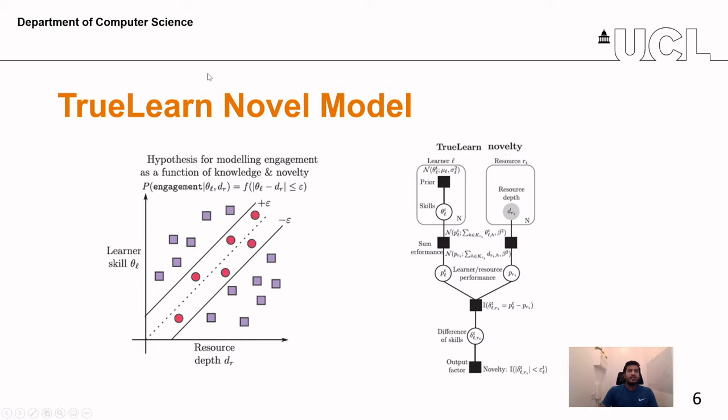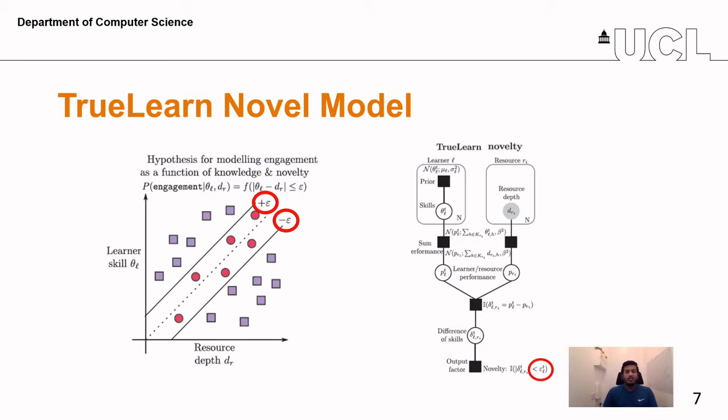As you can see, the novelty component, which is this alignment between the skill and the depth, is used in the factor graph to drive the learning process.